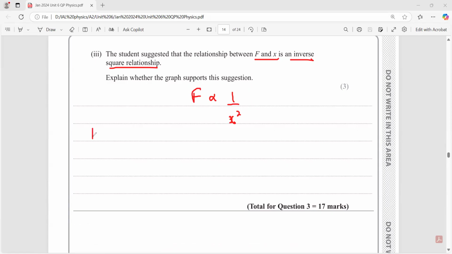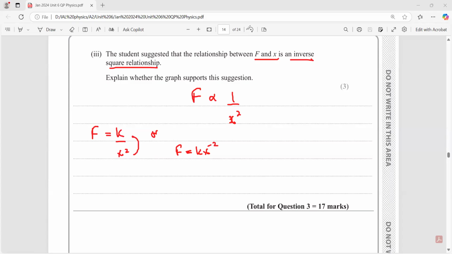Whenever in mathematics we replace the proportionality sign, we replace it with equal to and a constant. So f is equal to k over x square, or f is equal to k x to the power minus 2, because I moved it to the numerator.